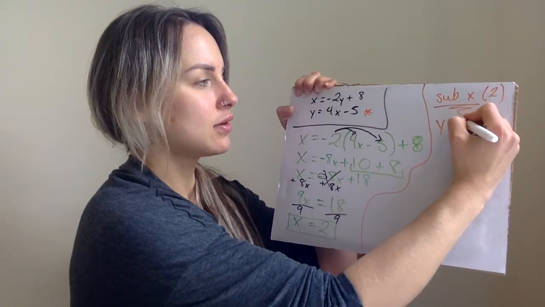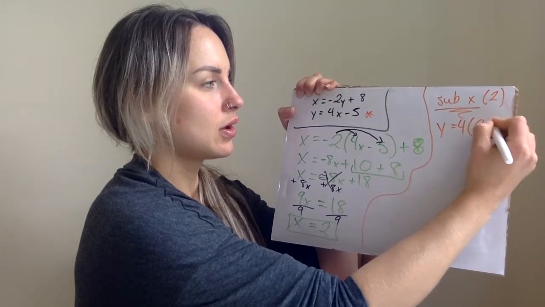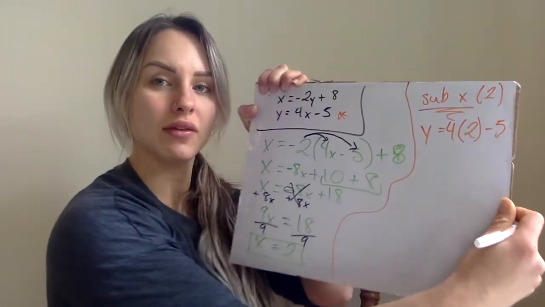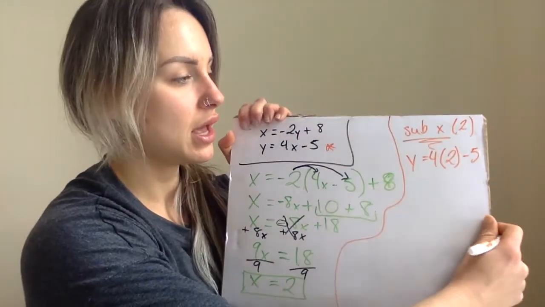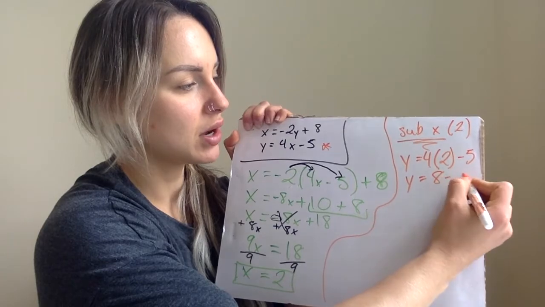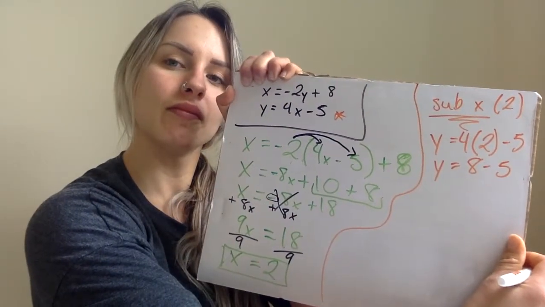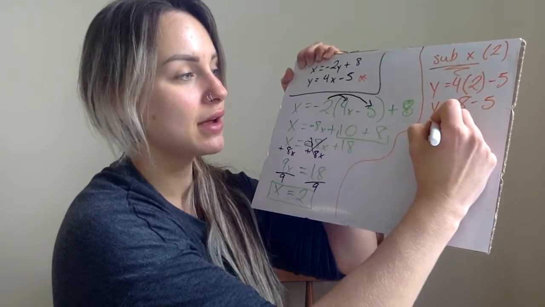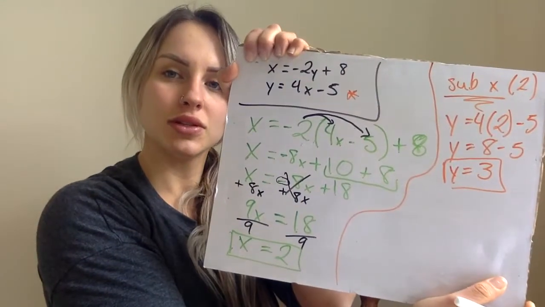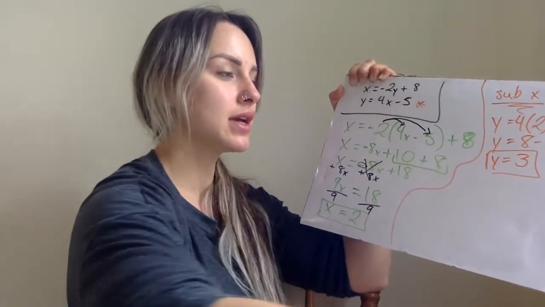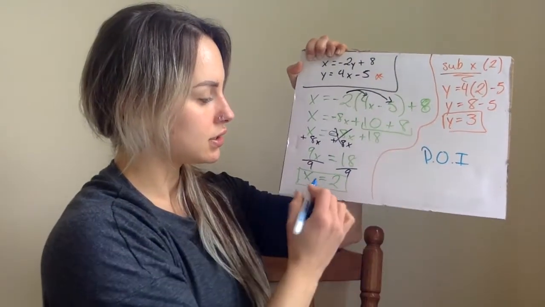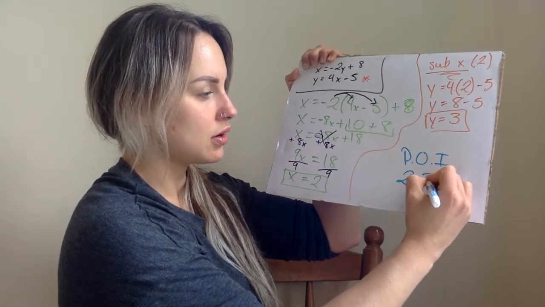So y equals 4, plug the 2 into the x, minus 5. So then we're going to end up with y equals 8 minus 5, and then 8 minus 5 is 3. So our y is 3. So our point of intersection is (2, 3).